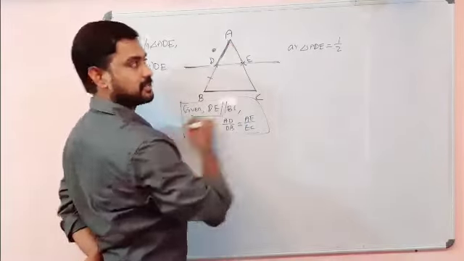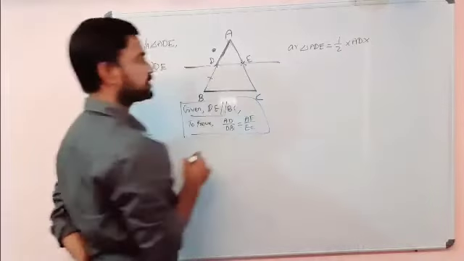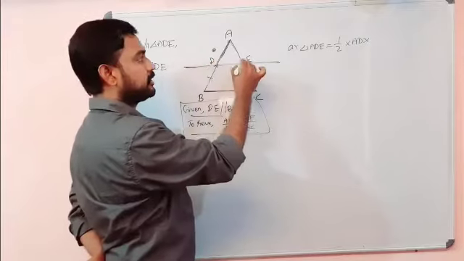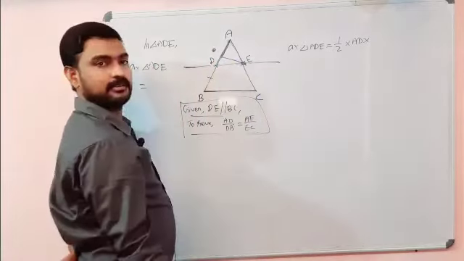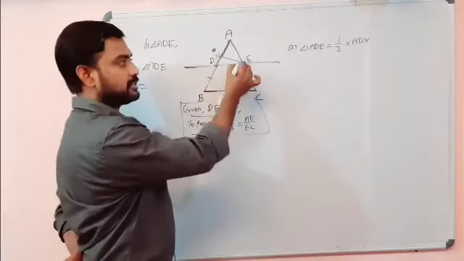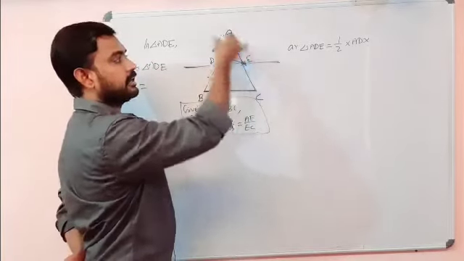So we can write half into AD into height. Height means, AD is here, and the third point is E. From this point E, draw a vertical line. This vertical line we can name EN. So this EN is perpendicular and is the height of triangle ADE.